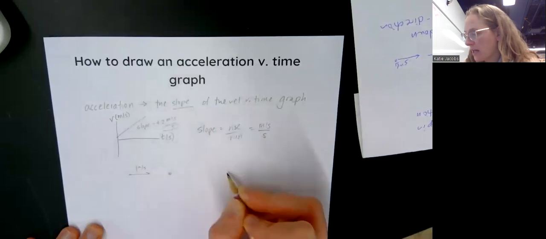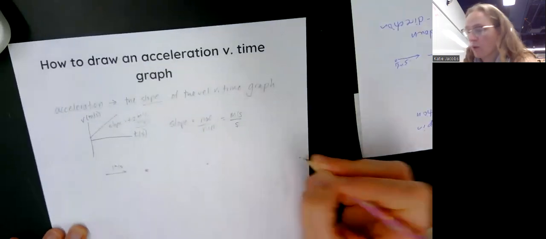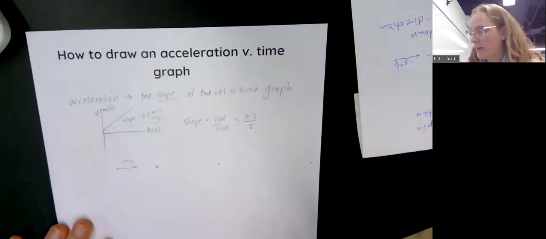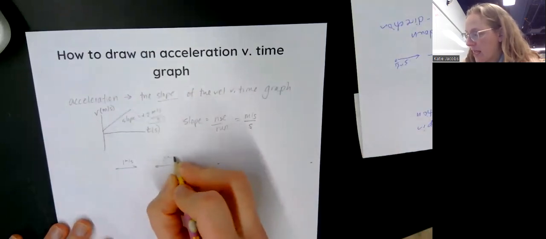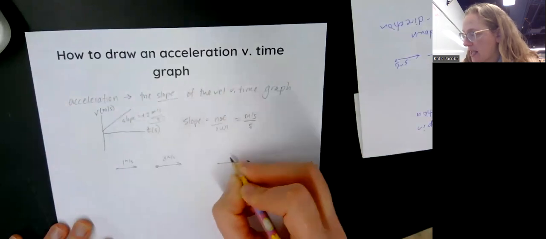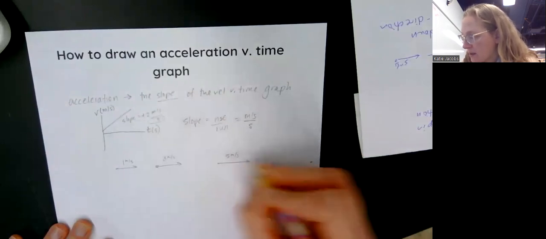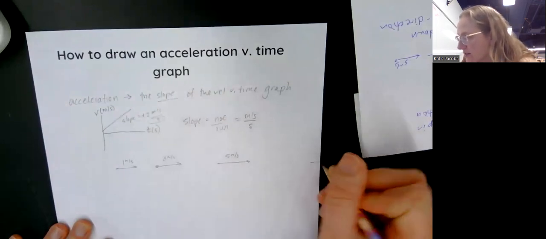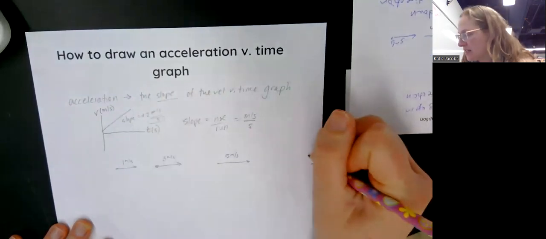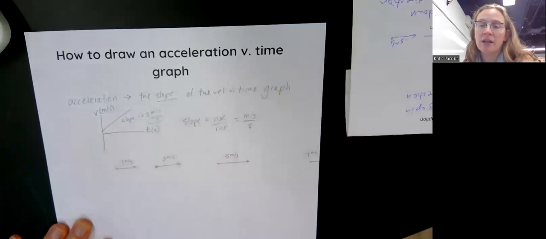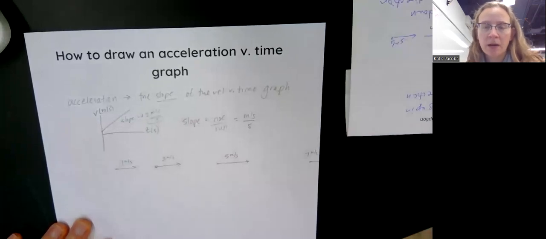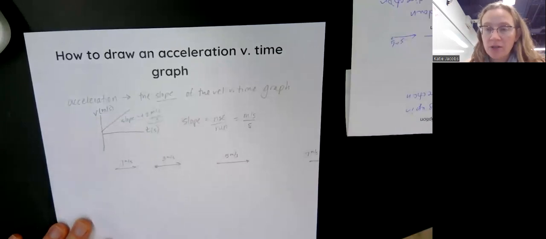Then every second, it's covering more and more position because it's getting faster and faster. I can't even draw how long this velocity arrow would be. But every second, it's gaining 2 meters per second of velocity or speed. And that's the slope. The keyword is slope.